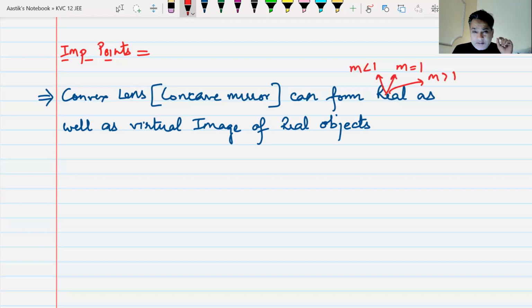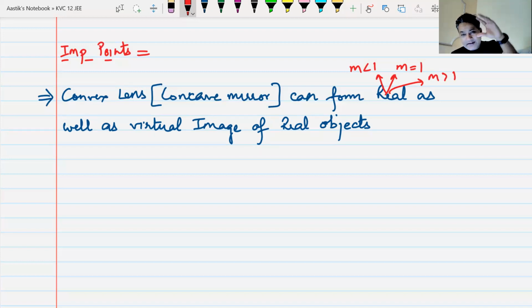When is the image smaller than the object? When the object is beyond 2f. When is the image of the same size? When the object is at 2f. And when is the image enlarged? When the object is between f and 2f. But if it forms a virtual image, the magnification is always greater than 1.